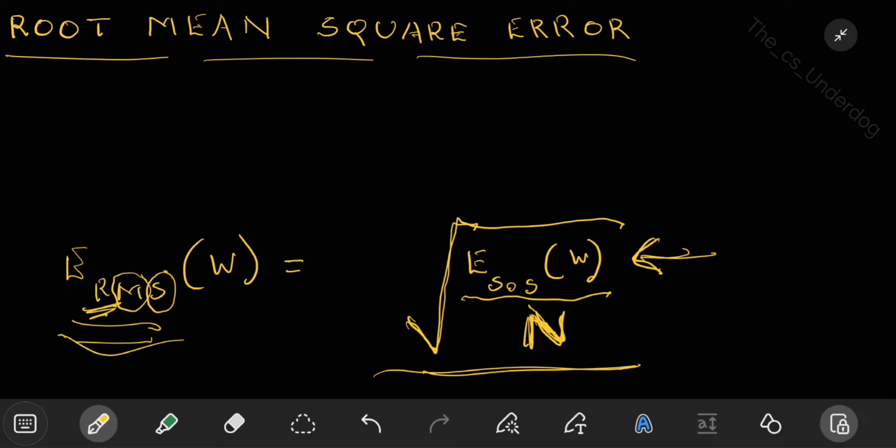The first advantage of using root mean square error is, let us say you are comparing different data sets. You have a model and you want to compare the efficacy of this model on different data sets. If you use root mean square error, you get the advantage that it is scale independent. Why is it scale independent?